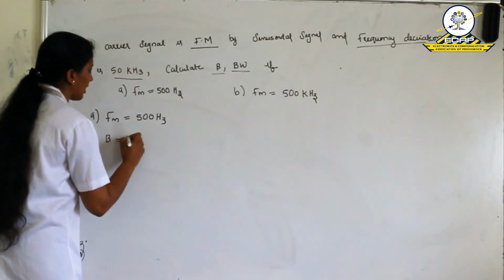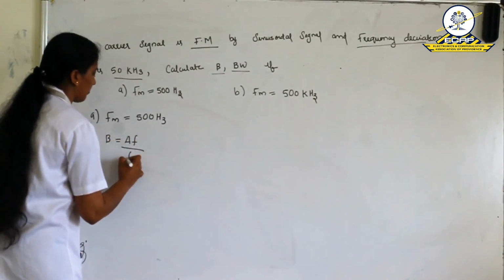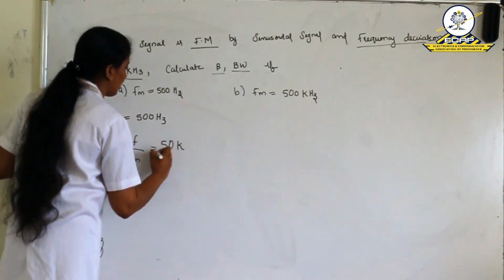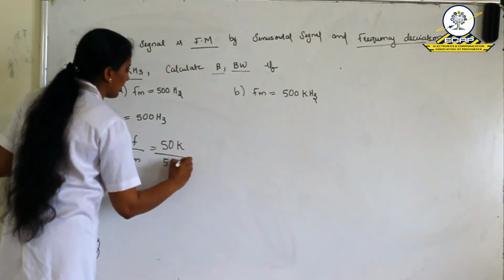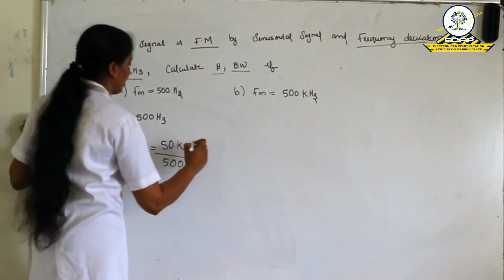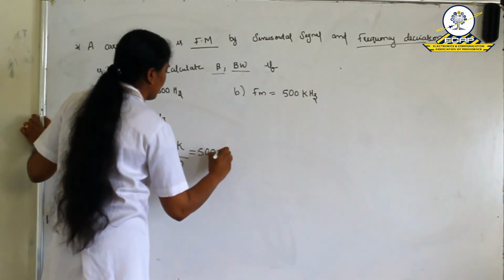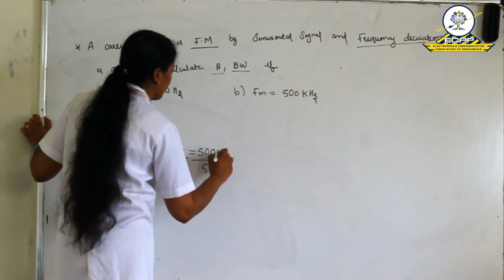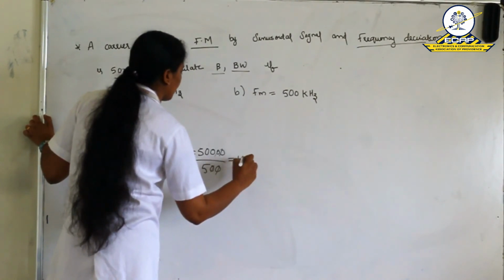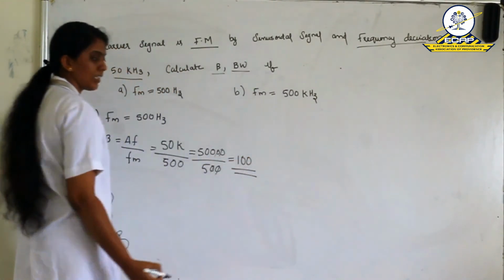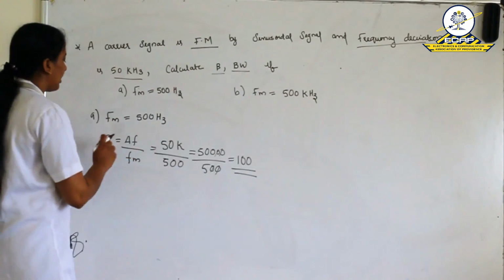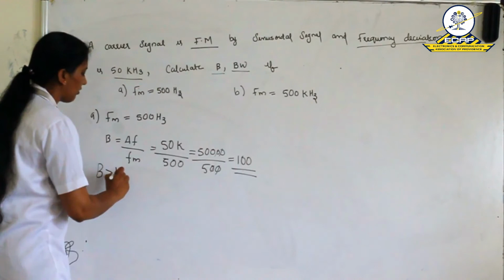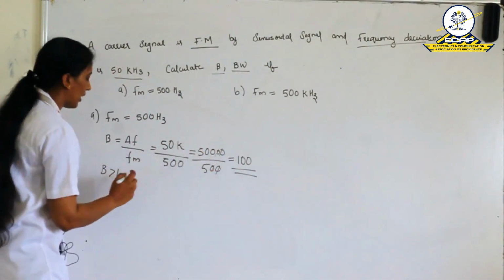Beta is equal to delta f by fm. Delta f is 50 kHz, divided by 500, that is equal to 100. Here beta is 100, which is greater than 1, which means it is wide band FM.